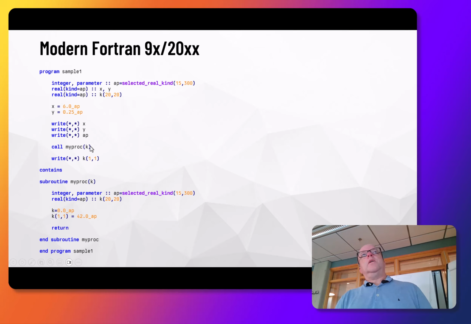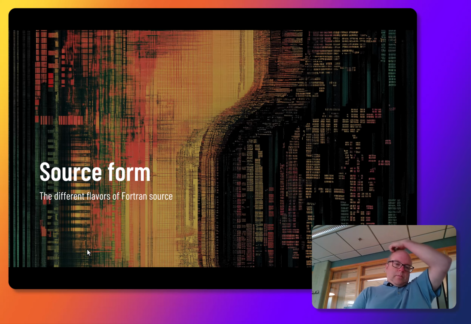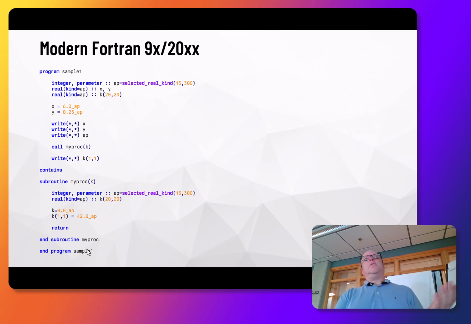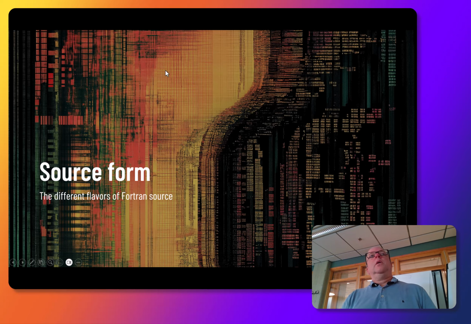You use write here to write to the screen. You call a subroutine here, and you can have a subroutine in your contains section of the program. And then your end program here is the end of your program. This is the typical structure of a single source code program in Fortran. So no line numbers and stuff like that.